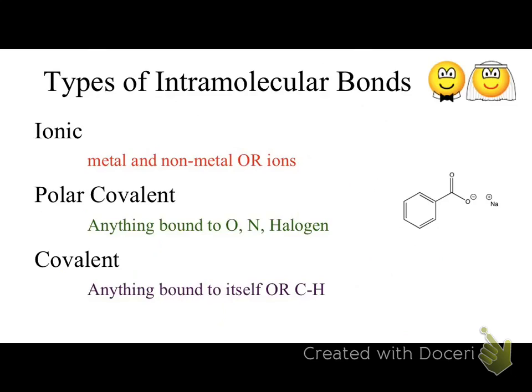We took it a step further, and we simplified that way long ago when we looked at the types of intermolecular bonds, or intramolecular bonds. We looked at ionic, polar covalent, and covalent. And those generated different functionalities. When we looked at the ionic bond, we said a metal and a nonmetal was our tip-off, or ions. So we could look over at our structure and say we've got an ionic bond.